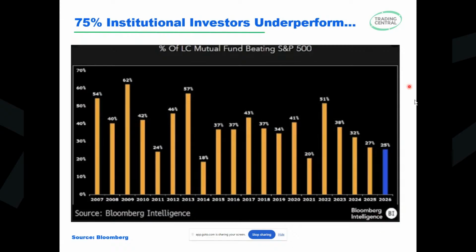Only 25% can beat the S&P 500. Why? Because their valuation model cannot catch up with the AI era.